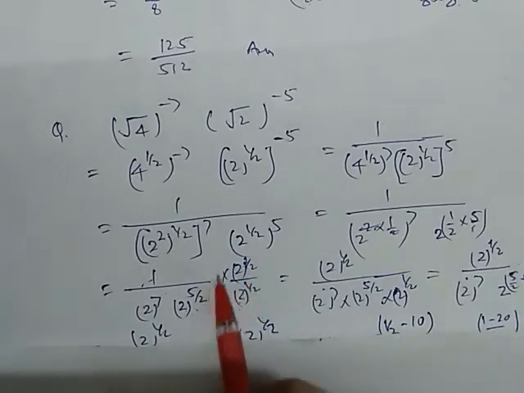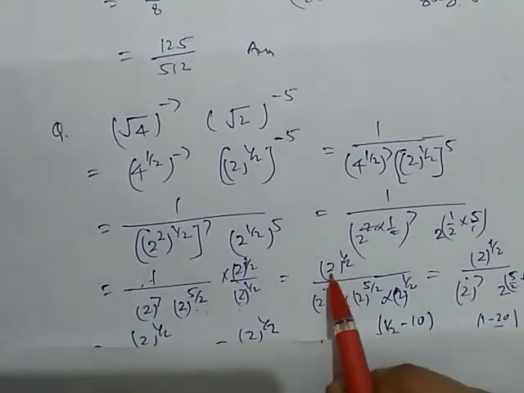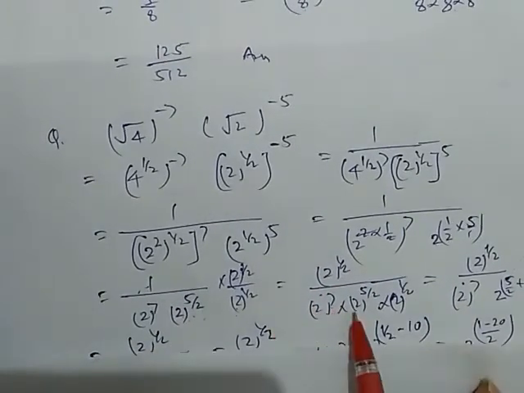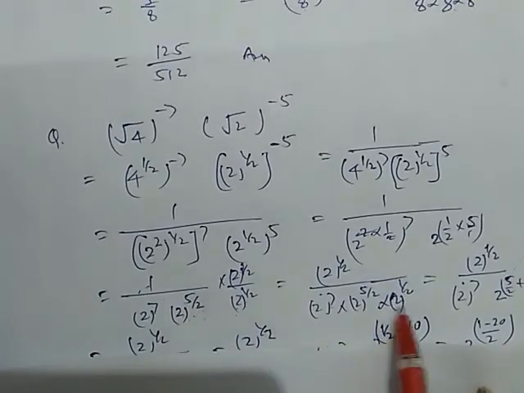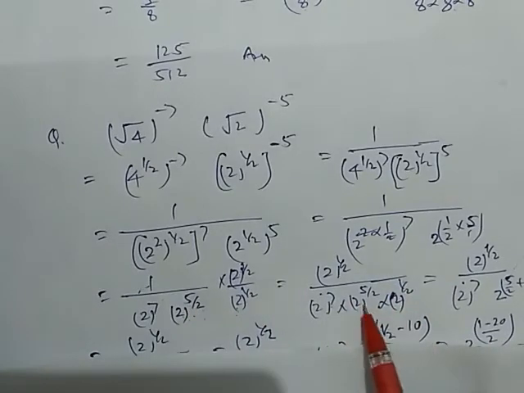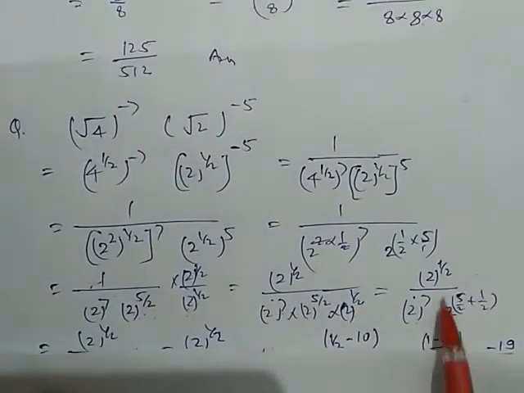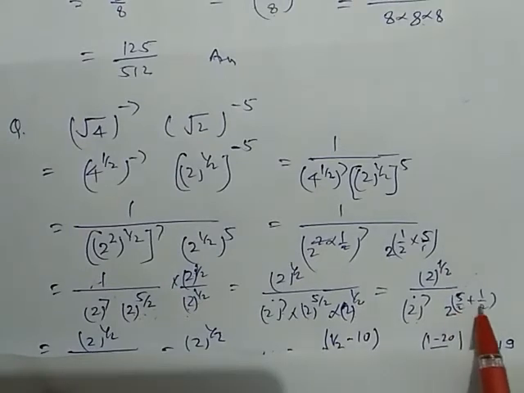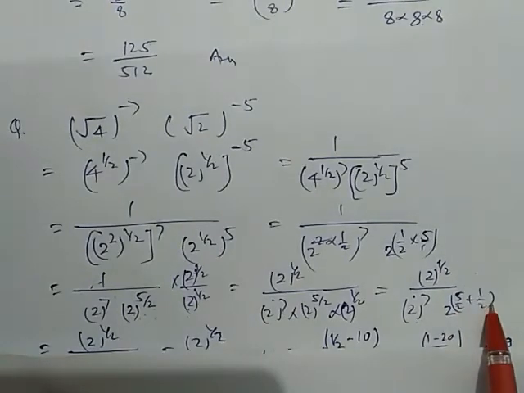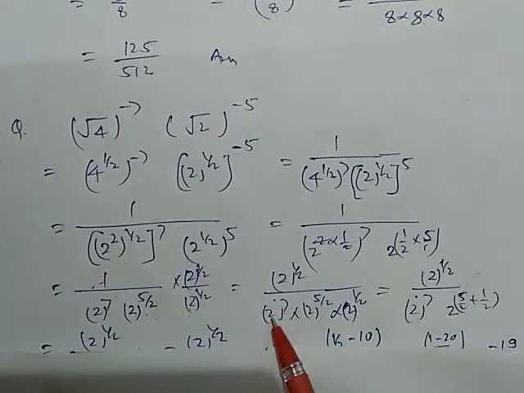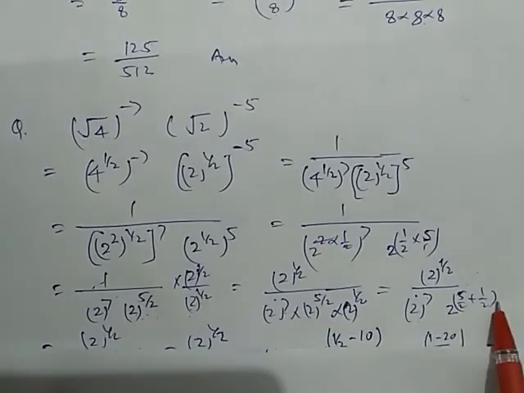By this way we rationalize this. So this becomes 2 to the power half upon 2 to the power 7 and 2 to the power 5 by 2 into 2 to the power half. Here the bases are same, so we add the powers: 2 to the power 5 by 2 plus half.